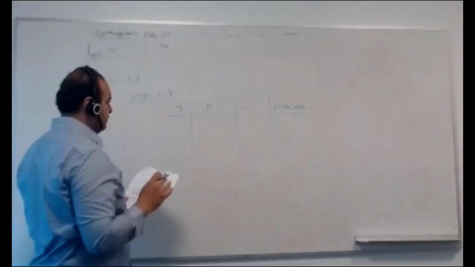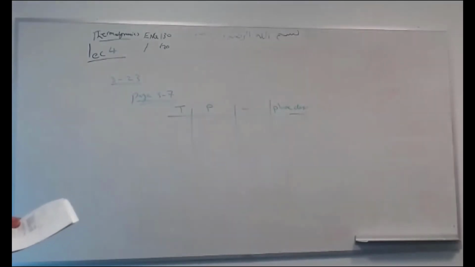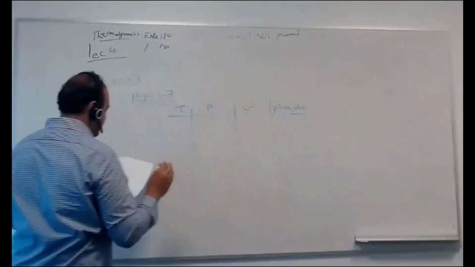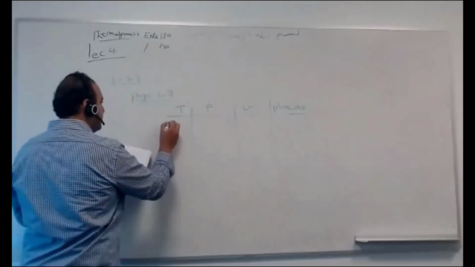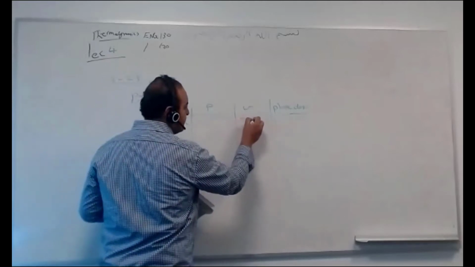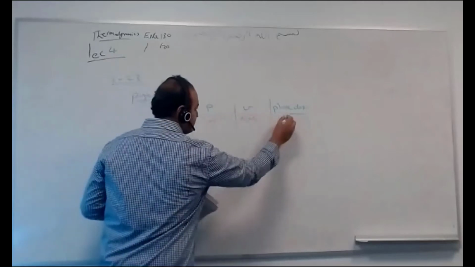I give any two. We said before, the state postulate says that we need at least 2 independent intensive properties. So I need to give you any 2 properties. For example, in the first row, I give you the temperature and the volume. You can get this, you can get this.